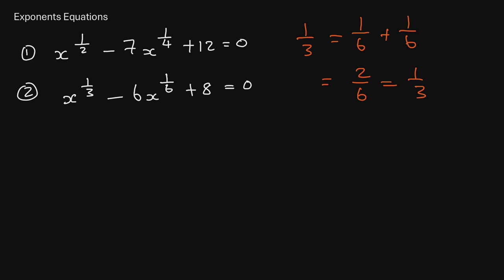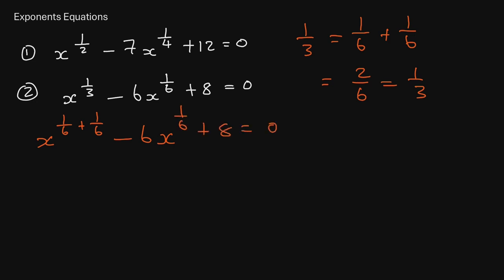So we can change this to have the exponent of 1 over 6, which is the same throughout. So that is the first step. We have x to the power of 1 over 6 plus 1 over 6, then minus 6 and x to the power of 1 over 6, plus 8 equal to 0.